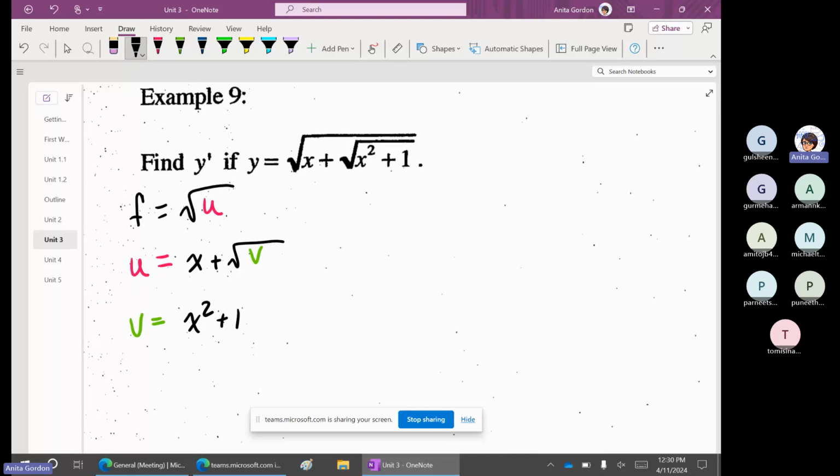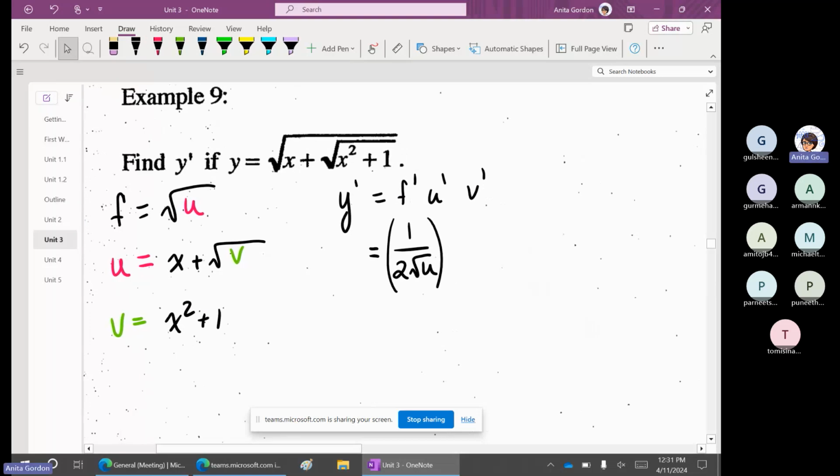Are we happy with that line of substitution? Okay. So y prime is f prime u prime v prime. F prime is 1 over 2 root u. Are we happy with that? I hear nobody crying about it, so let's keep going.